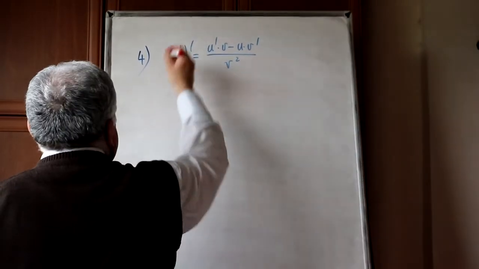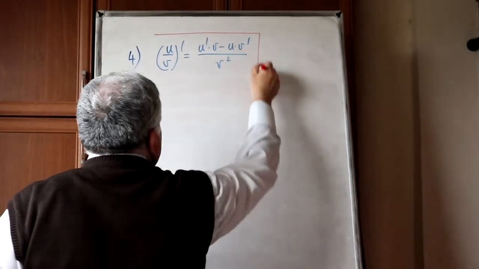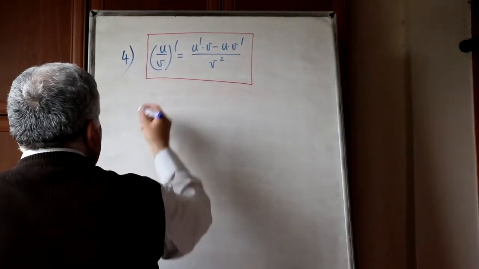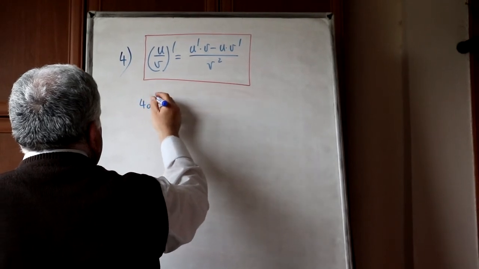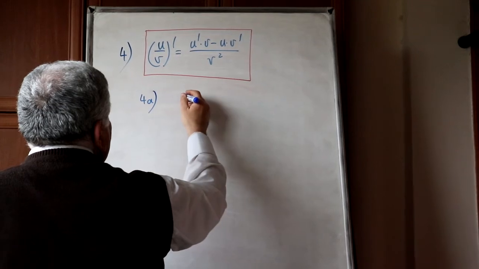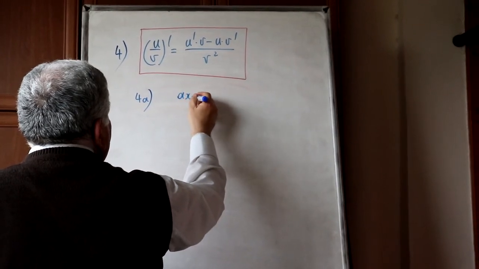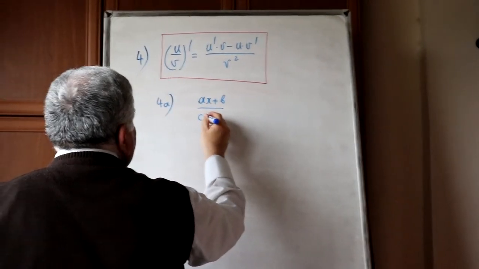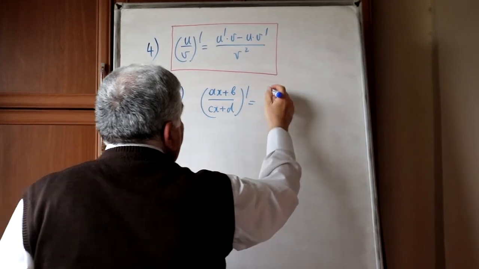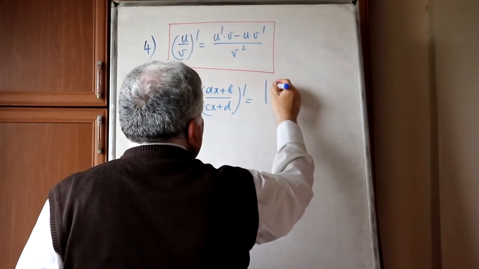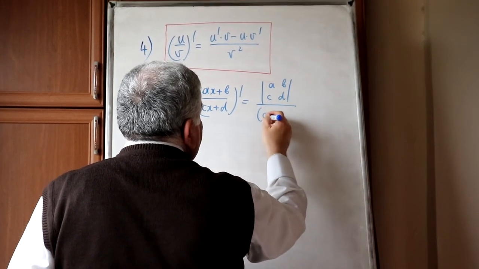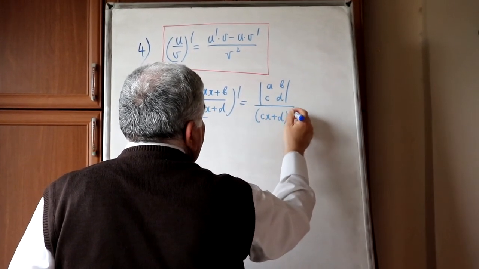And then its particular case, 4a: the derivative of the fractional linear function ax plus b over cx plus d prime is equal to the determinant of second order a, b, c, d over cx plus d squared.